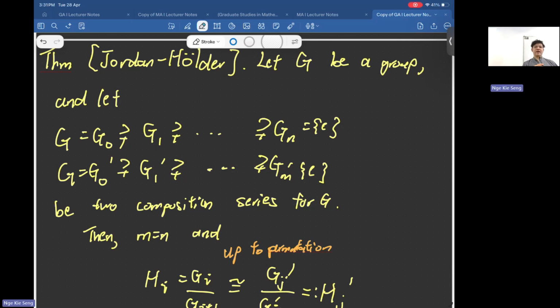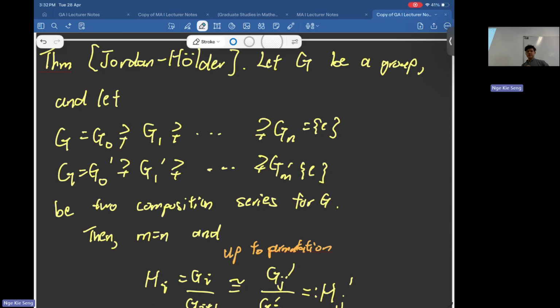Suppose n is greater than 0, then you have another way of writing it. We know that G0 and G0 prime are the same, so if G1 equals G1 prime, we are done using the inductive hypothesis.